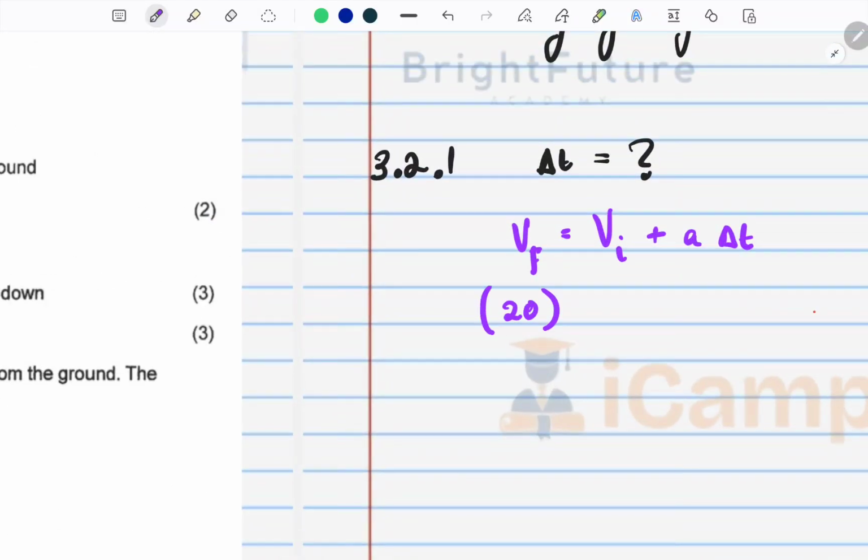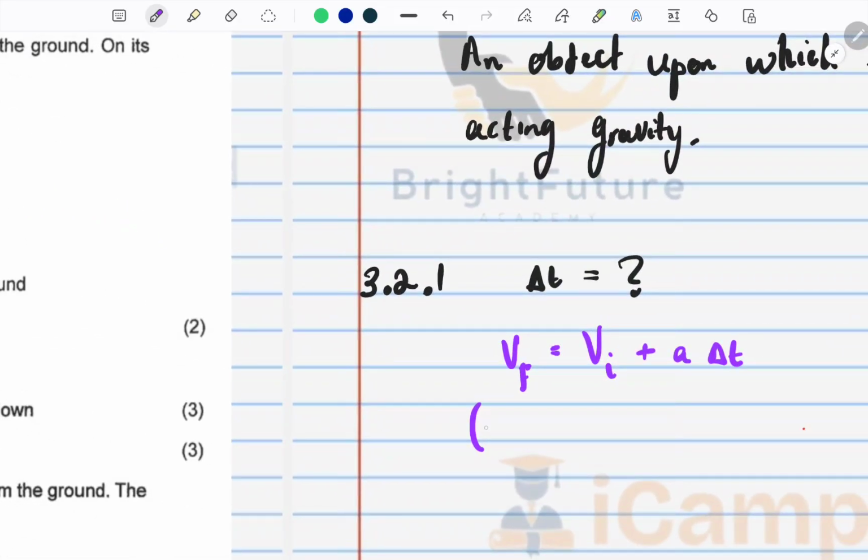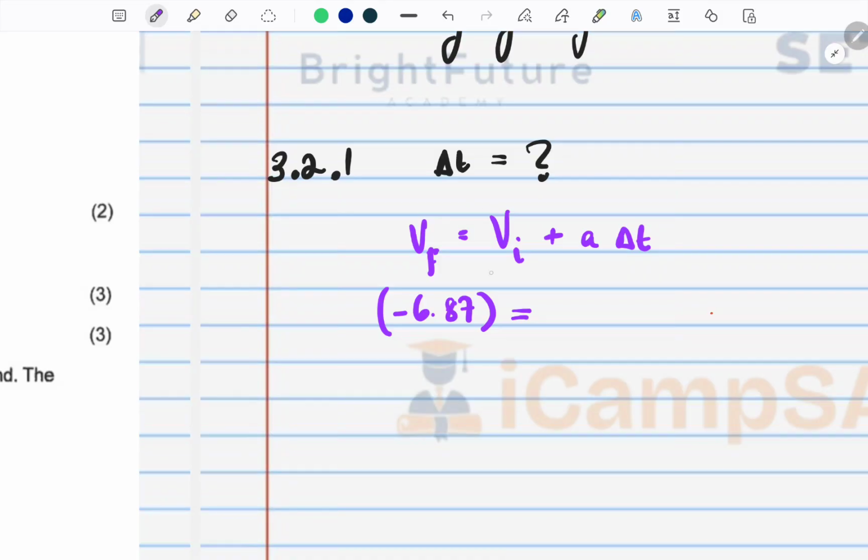The final velocity 6.87 is when the ball is going down, so that means here it is going to be minus 6.87, because the ball is going down and down is taken as negative. And when it was going up, which is our initial velocity, we had 20.